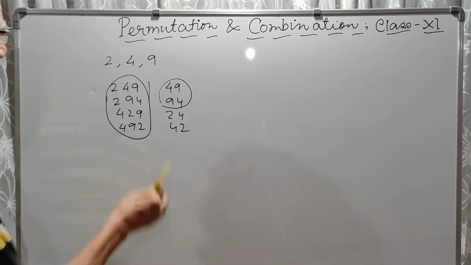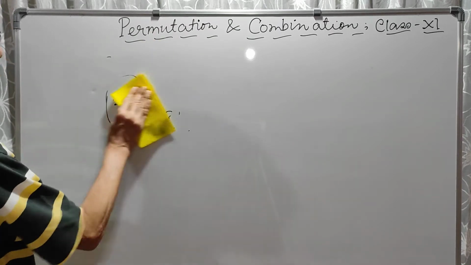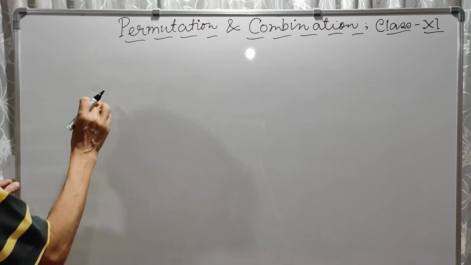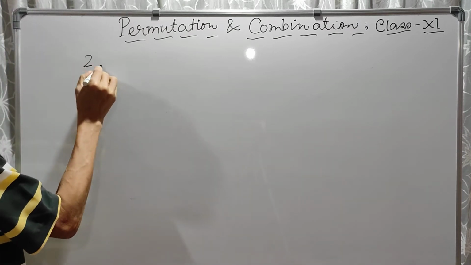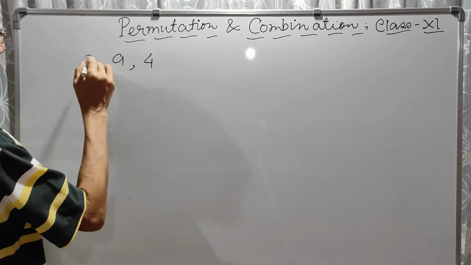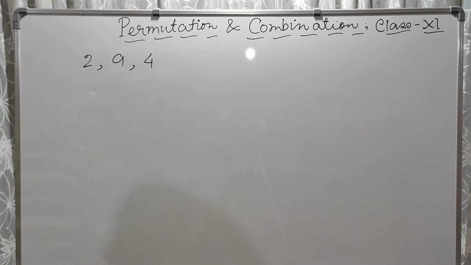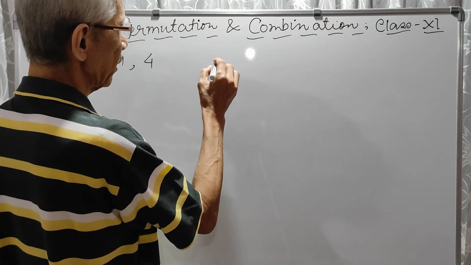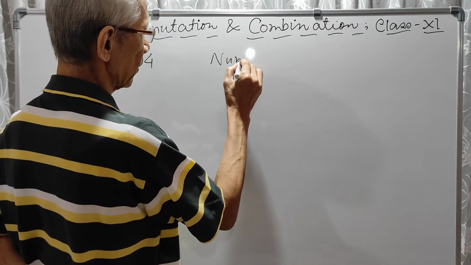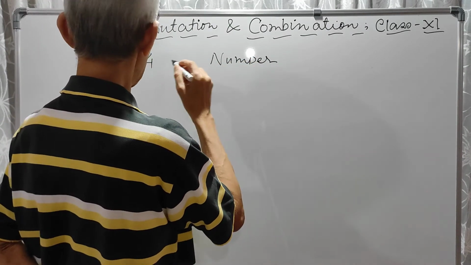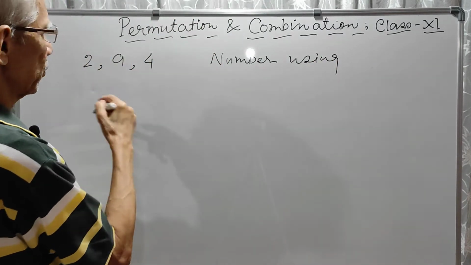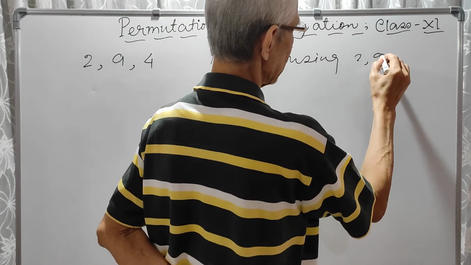Okay. Now let us see this. Suppose you have these 3 digits, 2, 9 and 4. Now suppose the question is to find the numbers using these three, 2, 9 and 4.